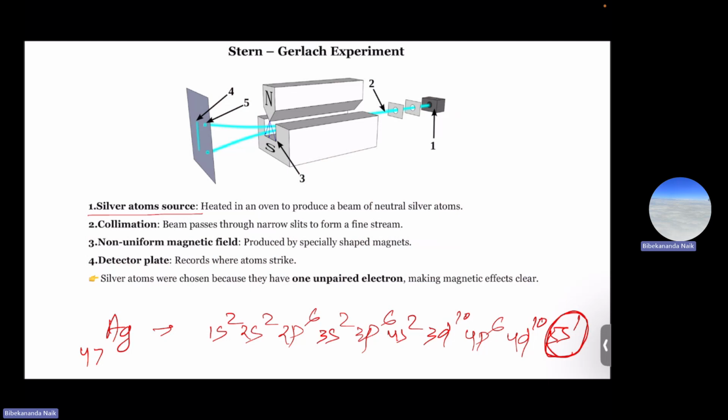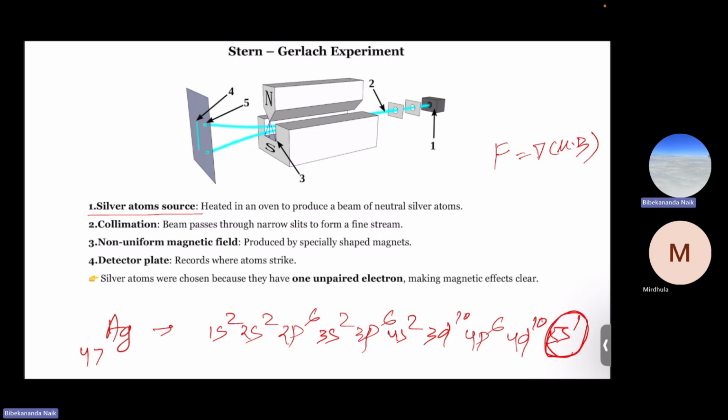Because when the magnetic field is non-uniform, if a particular atom, here the silver atom, has a magnetic moment, it will experience a force, which leads to bending of the beam. The force is given by the gradient of mu dot B. So in a non-uniform magnetic field, an atom with a magnetic moment will experience a force. That's why a non-uniform magnetic field was produced.